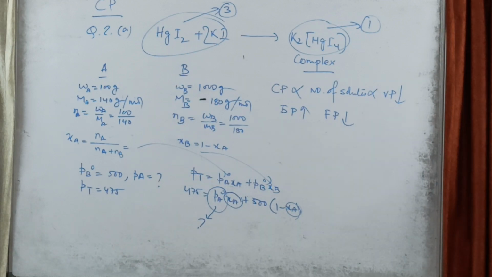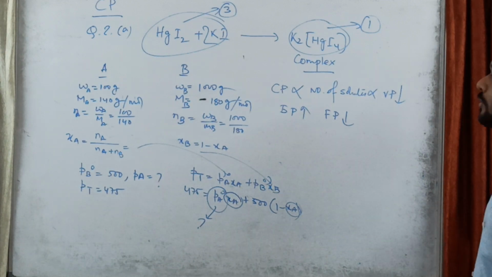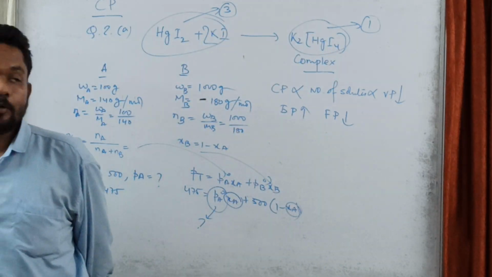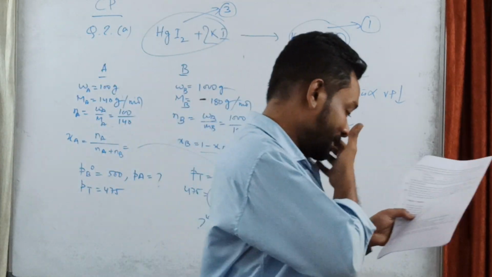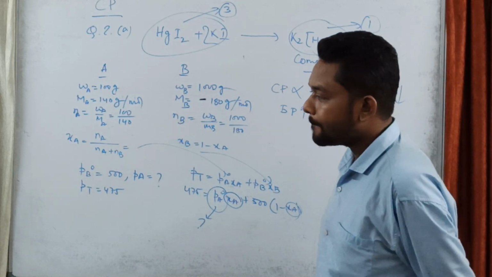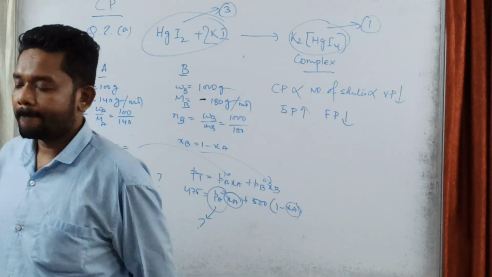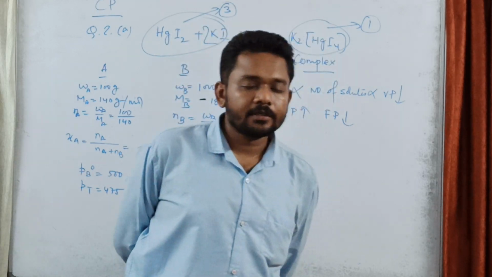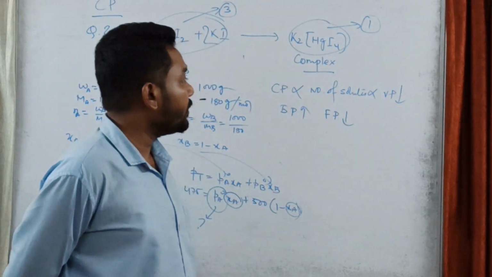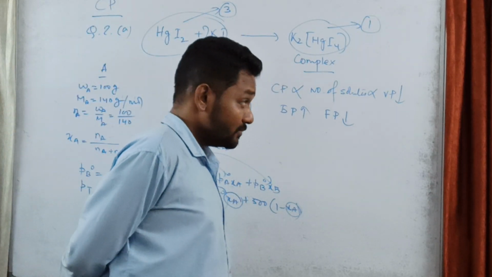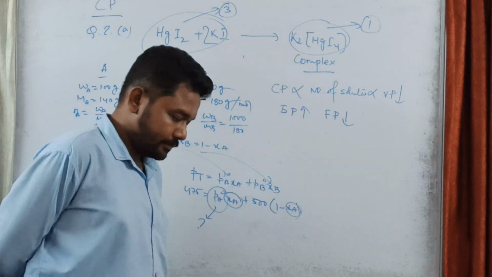Depression of freezing point is a colligative property which depends on the number of solute. So here the freezing point decreases due to the increase of the number of ions.